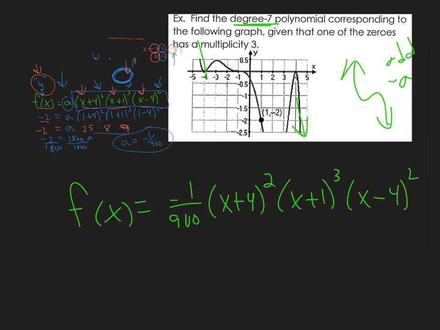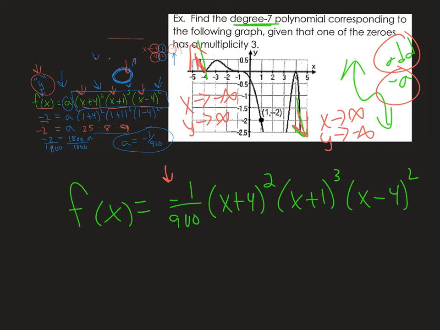So the negative fits quite nicely with the idea that as x goes to negative infinity, y goes to positive infinity, and as x moves to positive infinity, y moves to negative infinity. That's an odd polynomial with a negative a value.